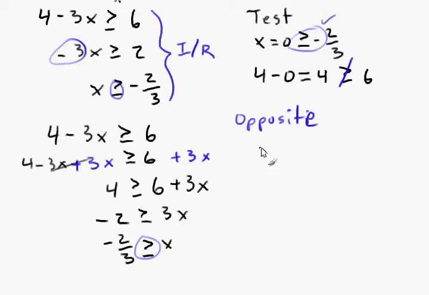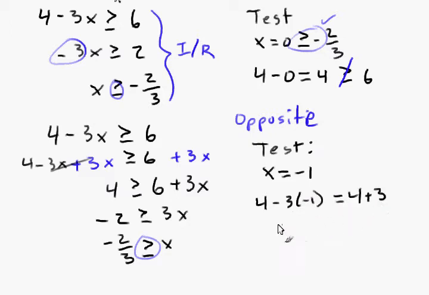But if we test with, say, x is equal to negative 1, then we get 4 minus 3 times a negative 1, which is 4 plus 3. That's 7, which is greater than or equal to 6.